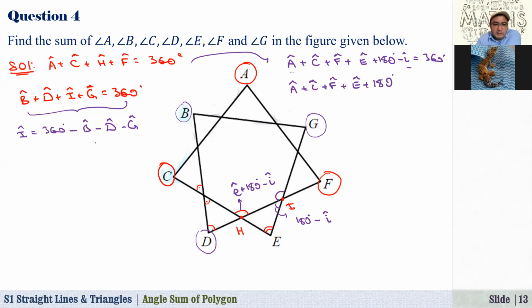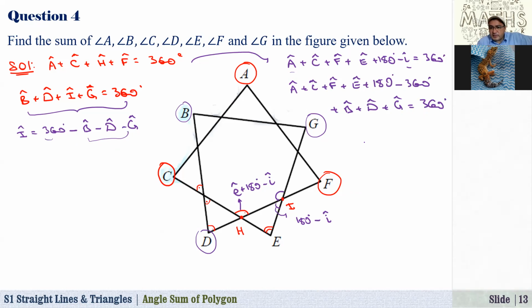Because this minus minus becomes plus. So here we have minus 360, and the others become plus: plus angle B plus angle D plus angle G. On the right hand side, we have 360 degrees.